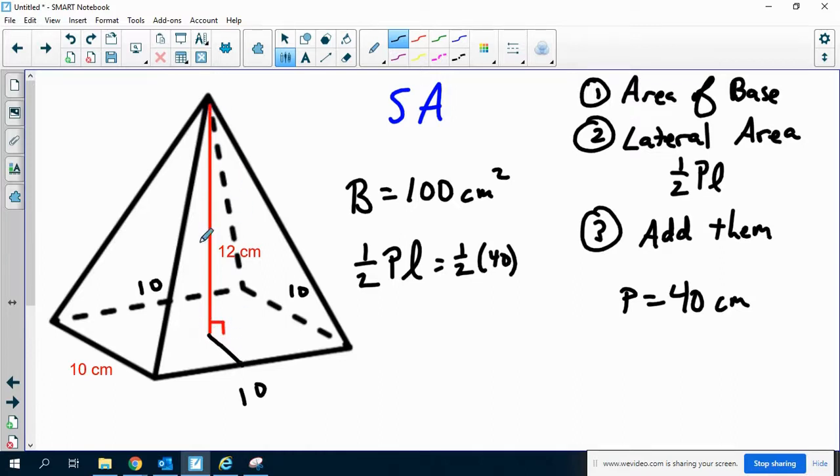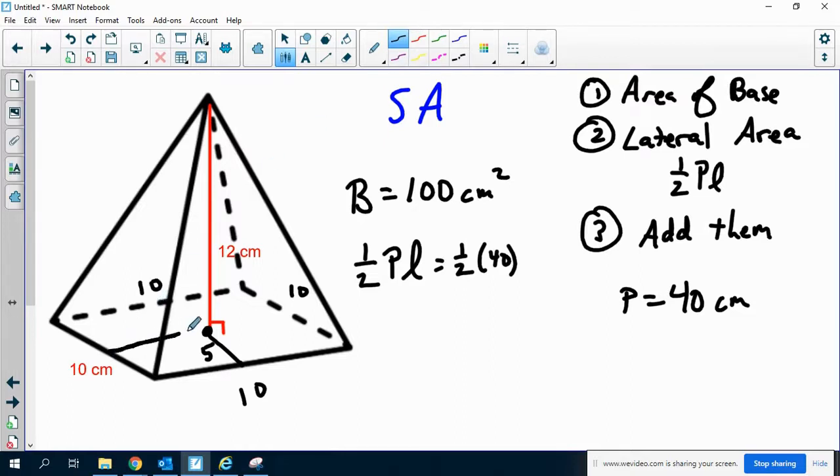Notice that the actual height is 12, and the actual height goes to the very center of that square. Well, at the very center of the square, the apothem of a square is just half the length of the side, so that's 5. I could actually draw that either way.